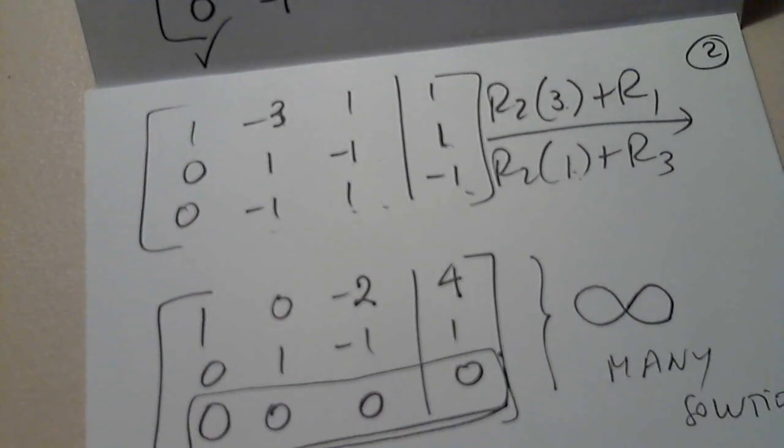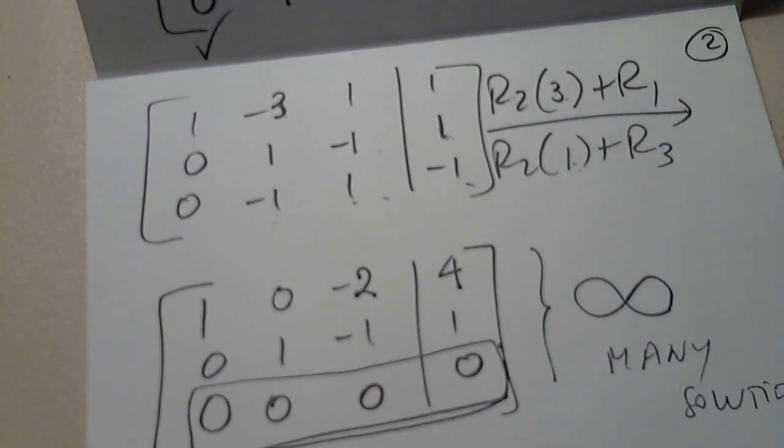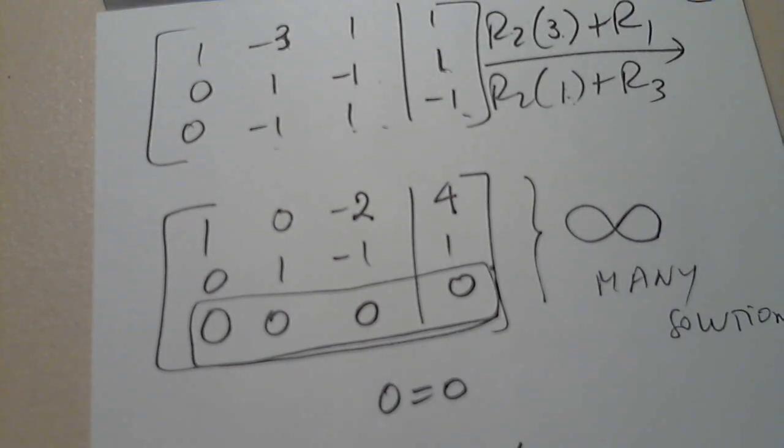So we have the first equation, which is x minus 2z equals 4, and we have y minus z equals 1. So from here, I'm going to solve for x, 2z plus 4. From here, I'm going to solve for y.